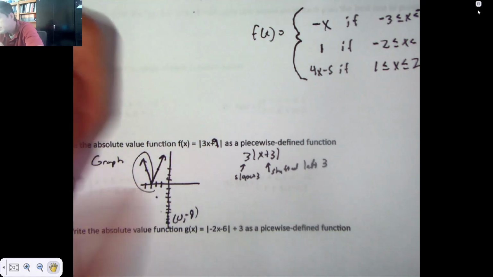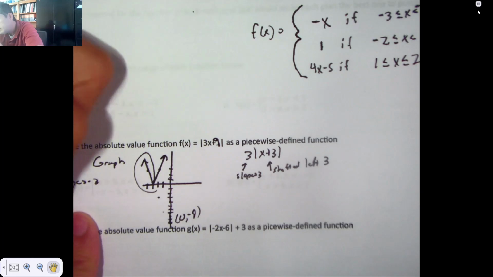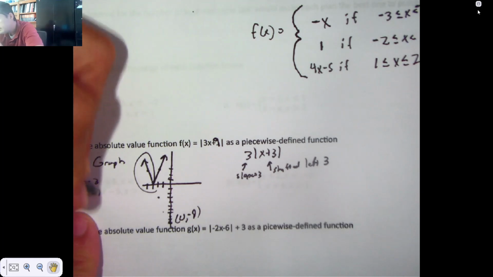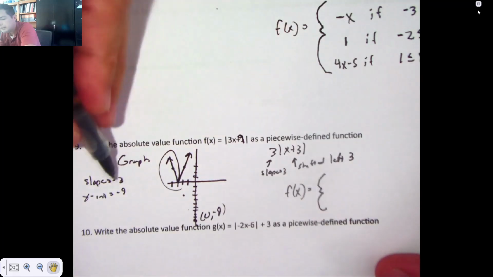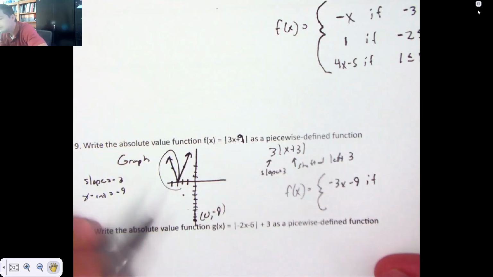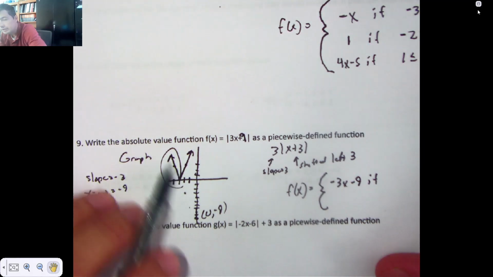So what I know about this tail is it has a slope equal to -3 and a y-intercept equal to -9. So this left-hand piece, there's its equation, mx plus b: it is -3x minus 9 for all values where x is less than -3.